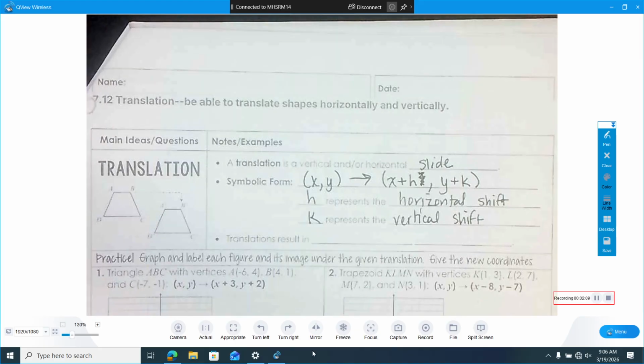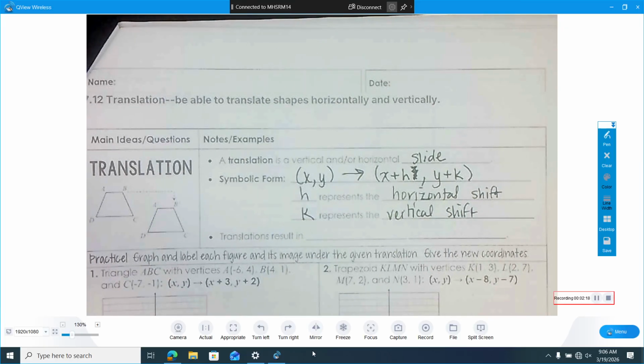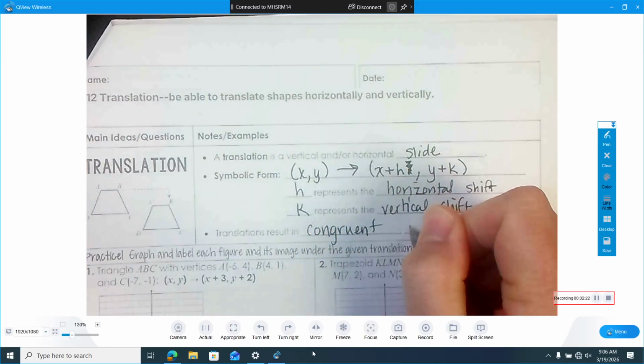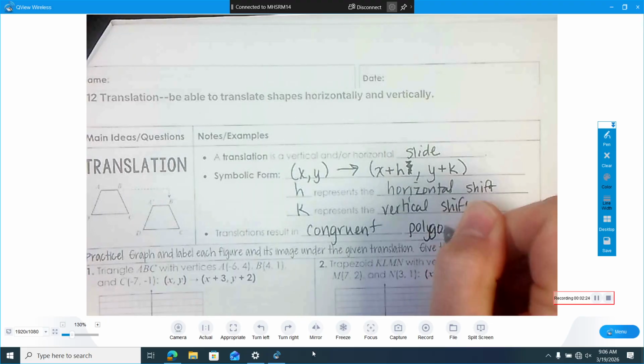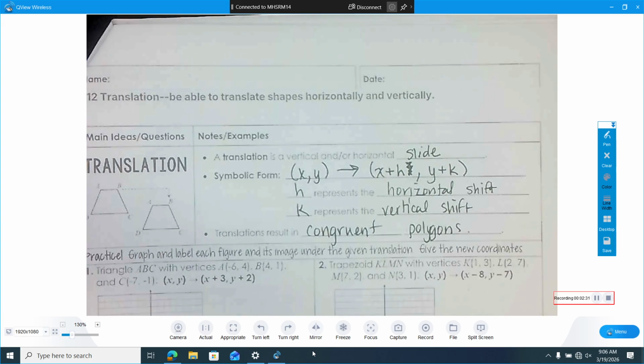So it's really just telling you we're going to move h units horizontally and k units vertically. It turns out to be much easier than this. It's weird. Translations result in congruent polygons. All right, they are the same exact size as what we start with. So this is going to turn out to be quite easy.